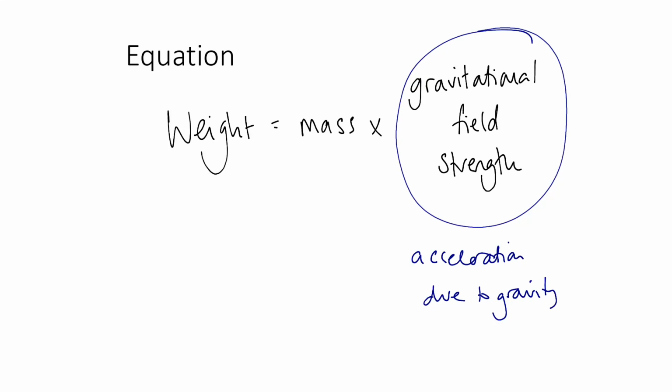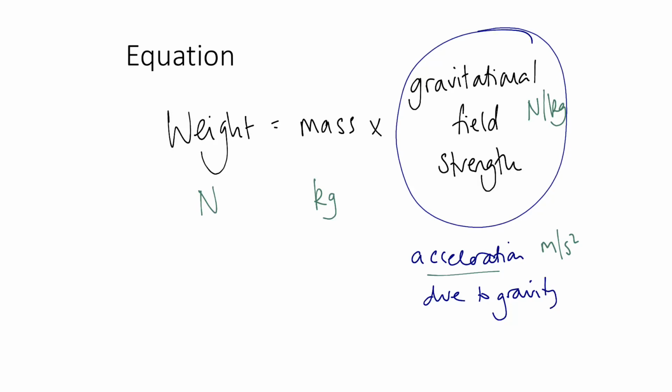So if we're to put some units: weight, we said, was a type of force, so that's newtons. Mass, we said, kilograms. And then the units for this, newtons per kilogram, or you could also use meters per second squared because it is a type of acceleration. Either are absolutely fine.